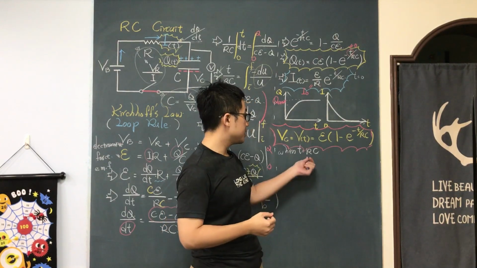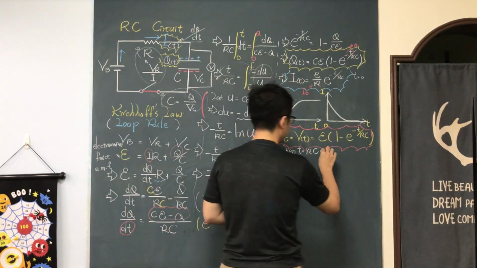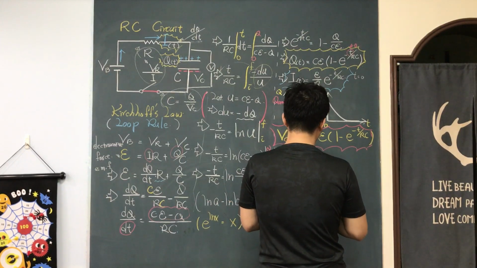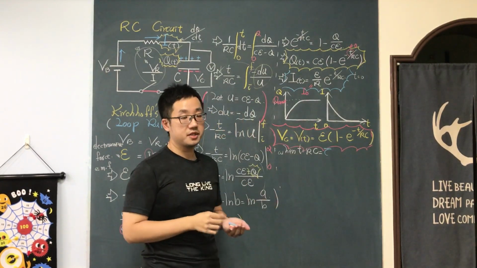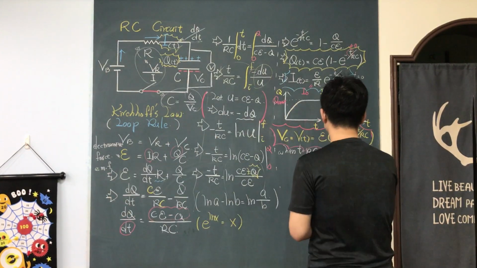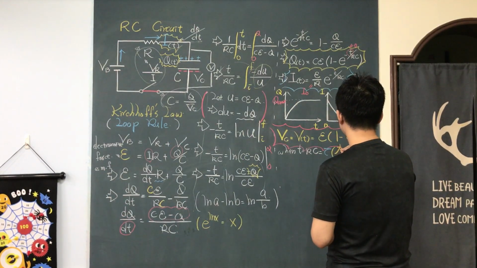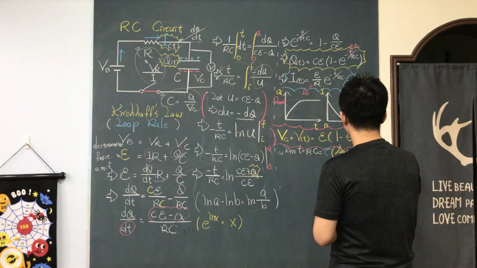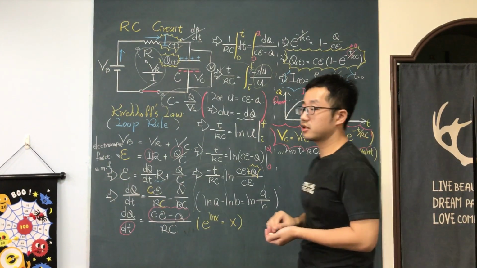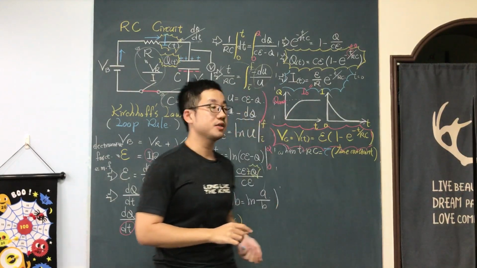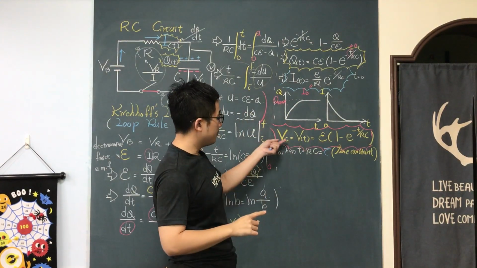And usually we call this t equals RC as tau. And this is the time constant. We call it the time constant. In my mother tongue, it's called 时间常数, the time constant. So let me graph the chart.